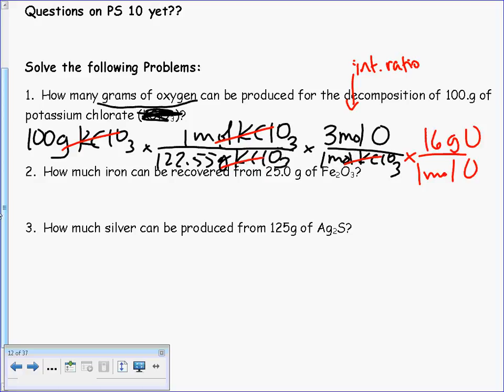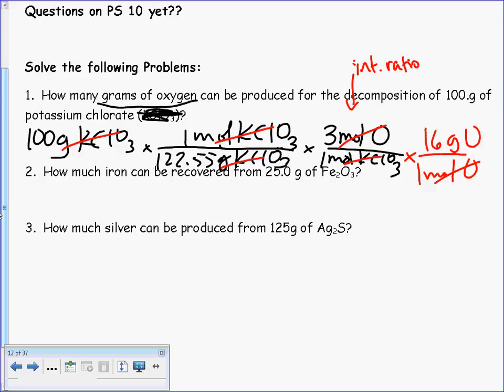And then tell me exactly what you're putting in your calculator so we know what we're doing. 100 divided by 122.55, times 3, times 16. Okay, and that is? 39.1. I got 39.2. Oh, I divide by the, yeah.